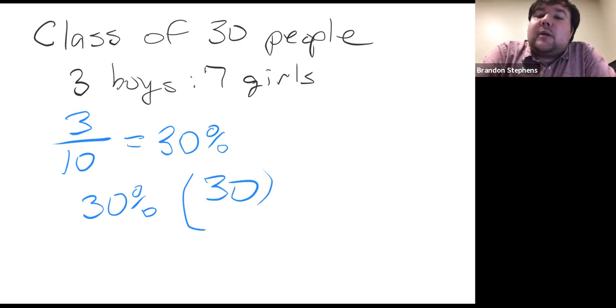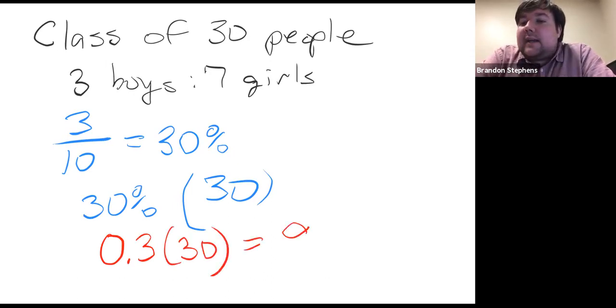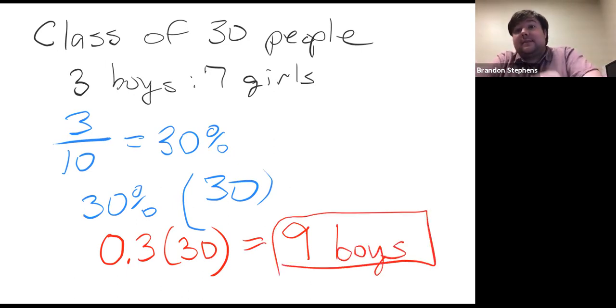And remember that 30% is really the same as 0.3. And if we take that times 30, we're going to get 9 people. And so we can see that this class is going to be 9 boys and 21 girls, because we've got 30 total, 9 boys, so 21 of them have to be girls.